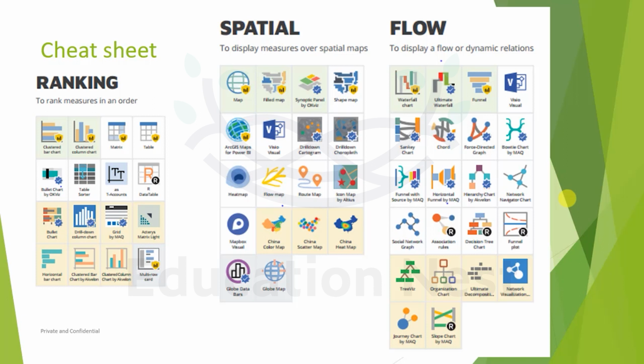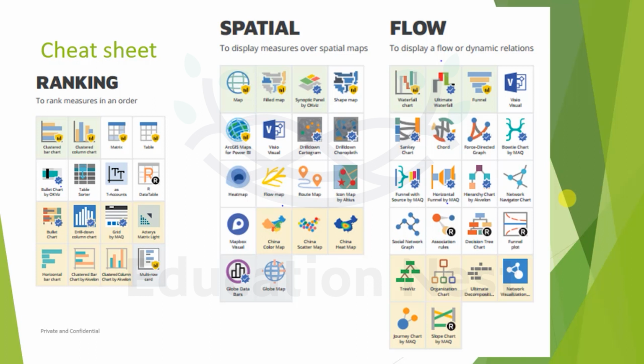It's good to know the categorization of these charts. Also know every chart at a cursory level, so that you can always come back to this slide and identify which chart is applicable in my current scheme of things.